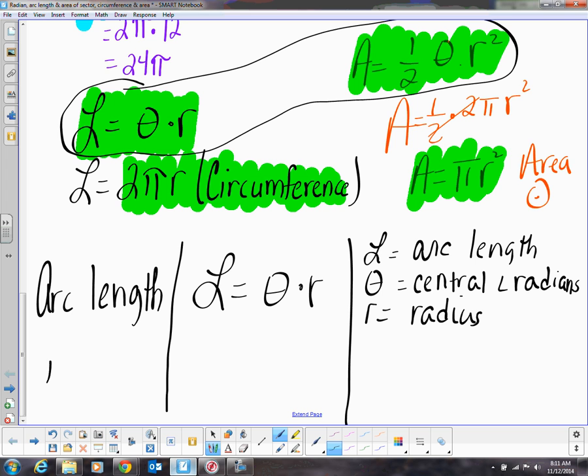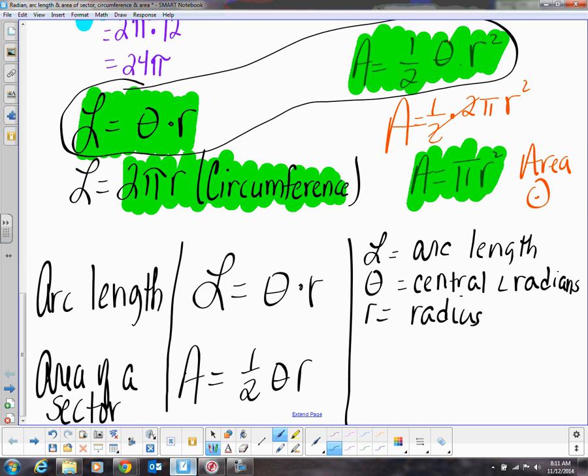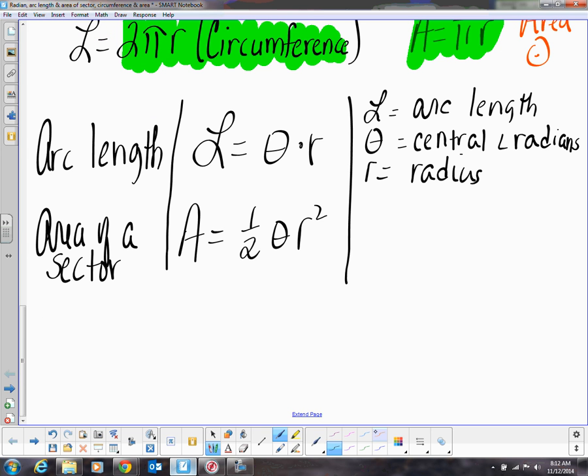Then I would write area of a sector in the left column. I would write this formula, A equals 1/2 theta r squared. And the definitions are the same for this. And then I'd also make a notation that the radian measure of a whole circle.